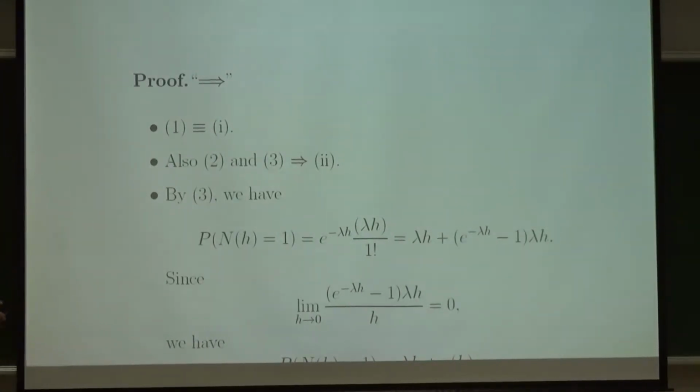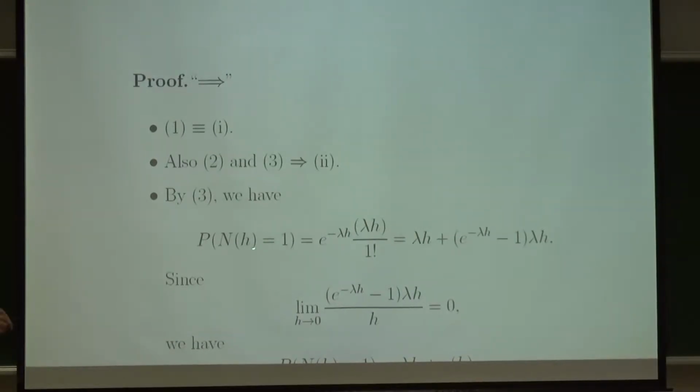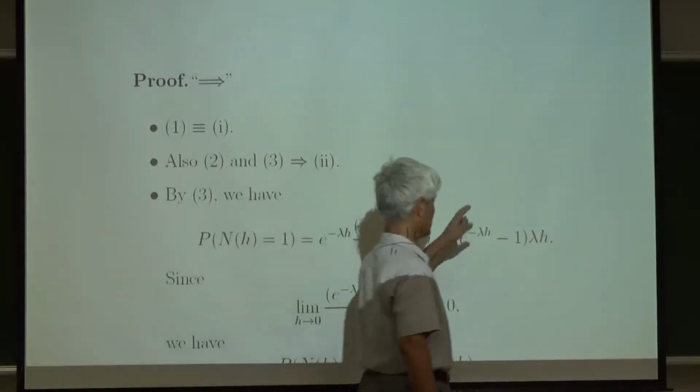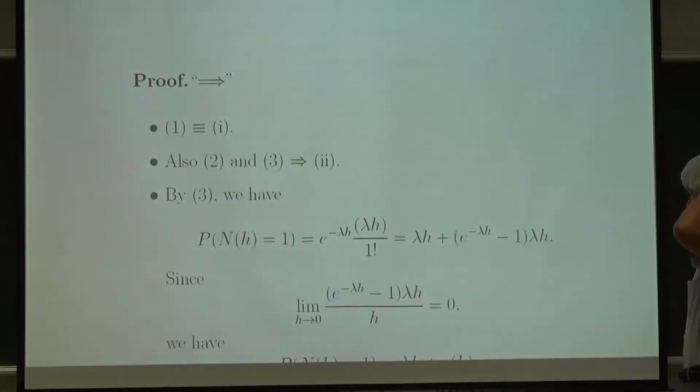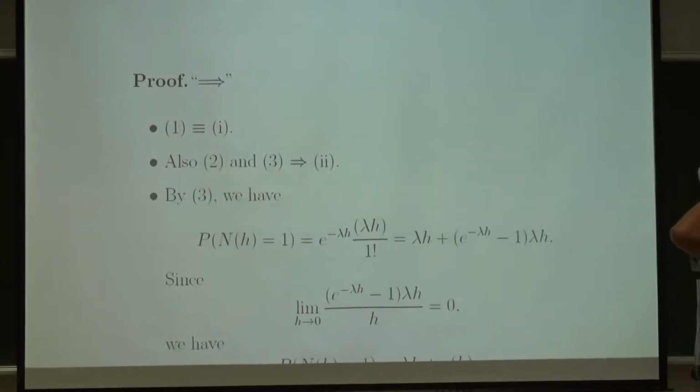According to the Poisson distribution, this random variable has value 1, so this event occurs with probability equal to this expression here.